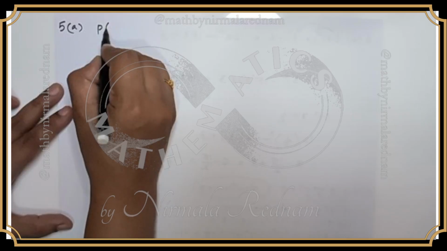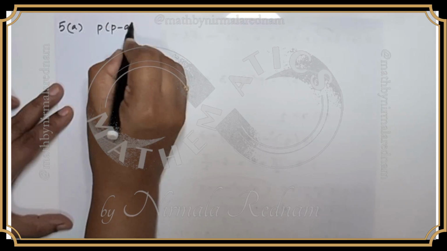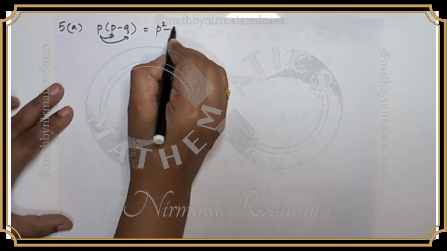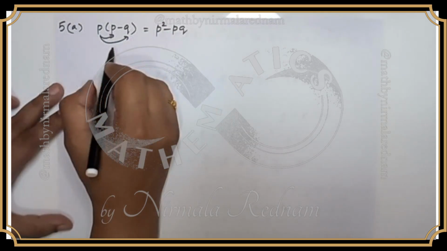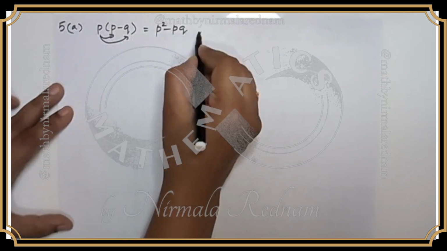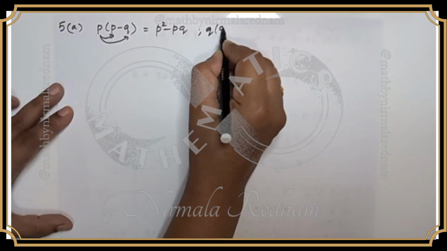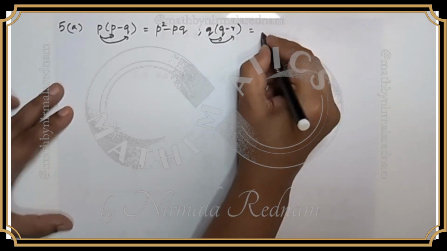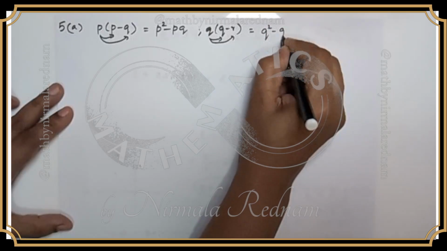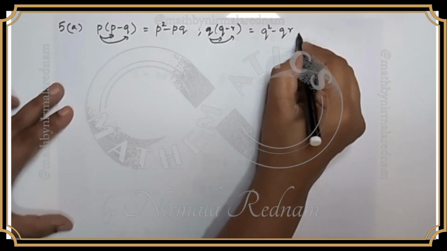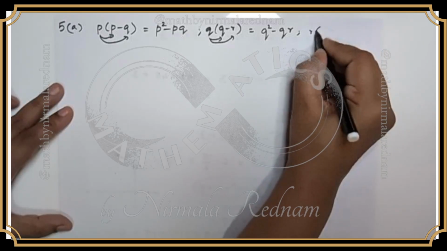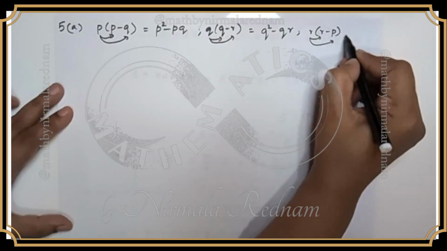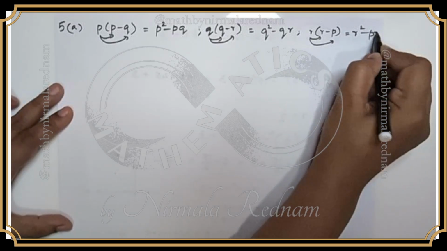The first one is P into P minus Q. When I open the bracket, it is P square minus PQ. The second one is Q into Q minus R. When I open the bracket, it is Q square minus QR. Then I have R into R minus P, which when I open the bracket, it becomes R square minus PR.